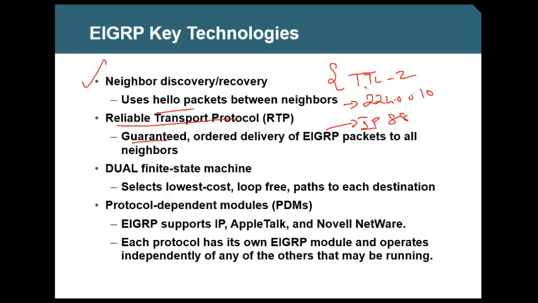But this is just 2 hops. And then the DUAL algorithm is the reason behind loop-free classless best path. We have separate modules for IP, AppleTalk and all that.